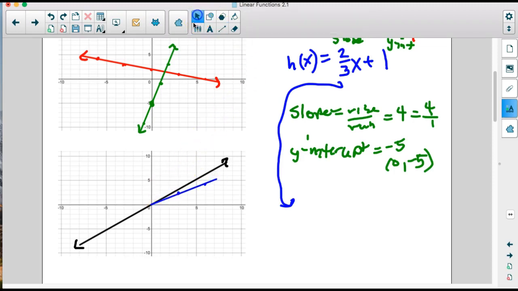And it would do that in this fashion over here, back through this point 0, 0. It's transformed through 0, 0 in the same way. Okay, so that's the first transformation, 2/3. So instead of going up 1, 1, it would go up 2/3 of the way. Basically you go over 3 and up 2, 2/3 of the slope.